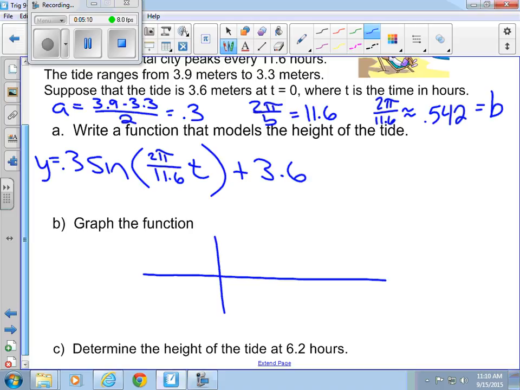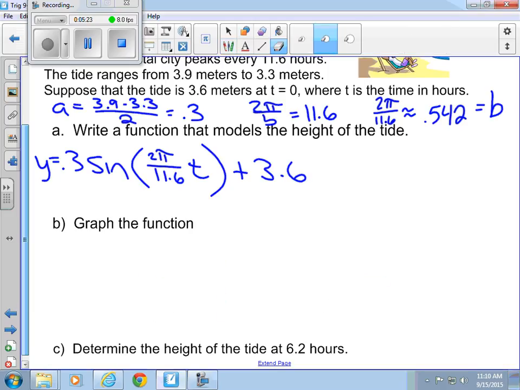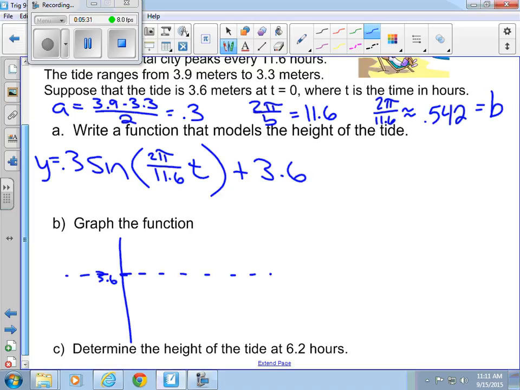I know that, let's see, moved it completely up off of the x-axis.